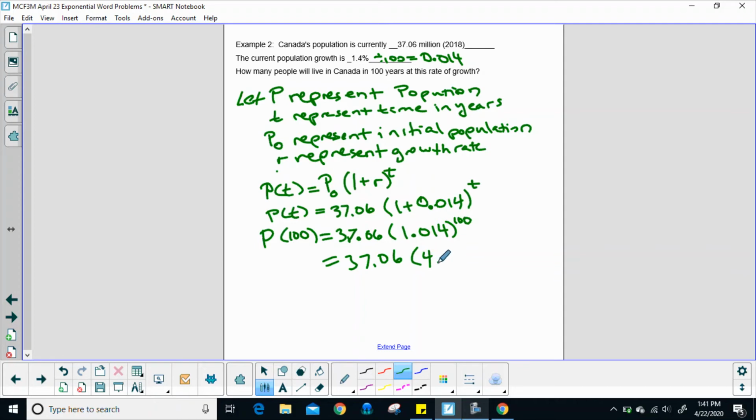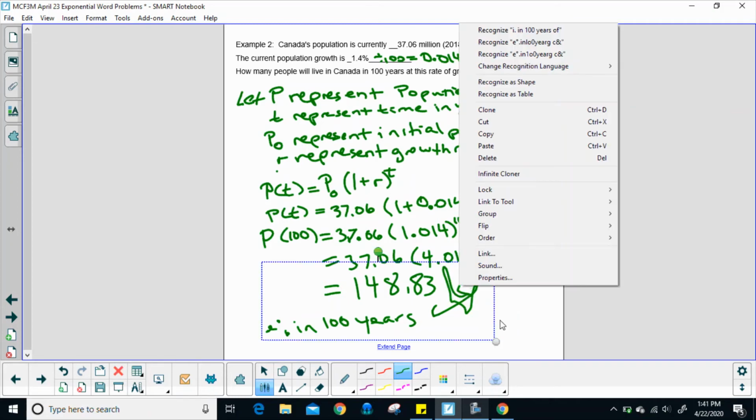That gives me 4.016. Times that by 37.06, and we end up with, oh my goodness, 148.83. Remember we said that was in millions.